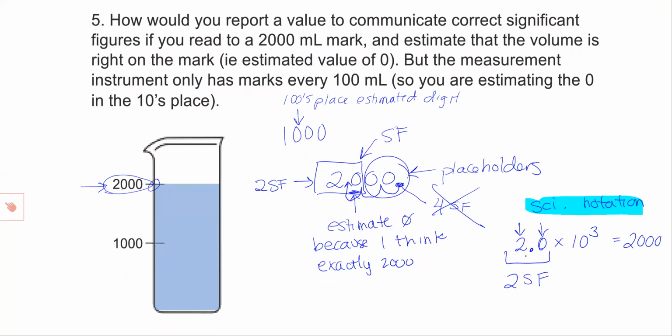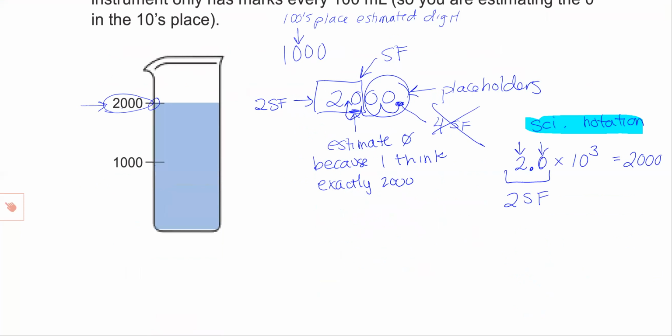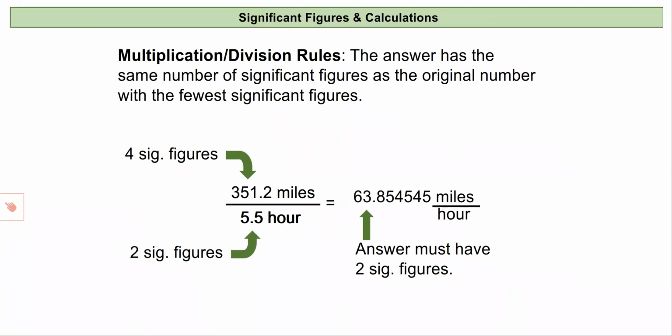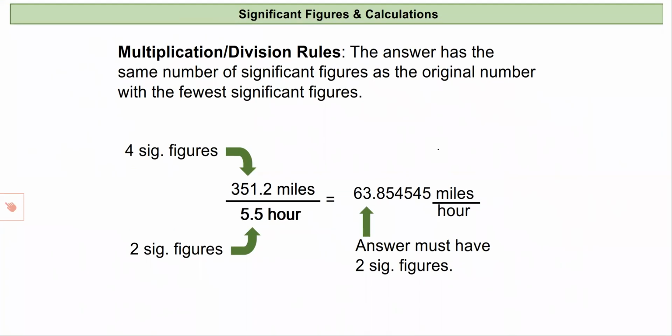So one of the next challenges with significant figures is that when we report a number that we measure, we oftentimes need to manipulate that number. If I measure mass and volume, I might use those to calculate density, but I would have to go through a calculation. In this case, we measured the number of miles and the number of hours it took to travel that number of miles, and we're trying to calculate our speed in units of miles per hour.